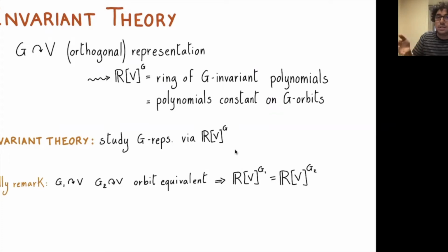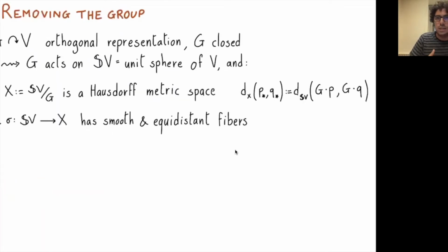Since the ring of invariant polynomials is defined as polynomials constant on the G orbits, the G1 and G2 invariant polynomials are going to be the same, because they really do not depend on the action itself, but rather on the decomposition into orbits that they generate. And this already leads in the direction that I want to bring the conversation, because the idea is to remove the group from this whole picture.